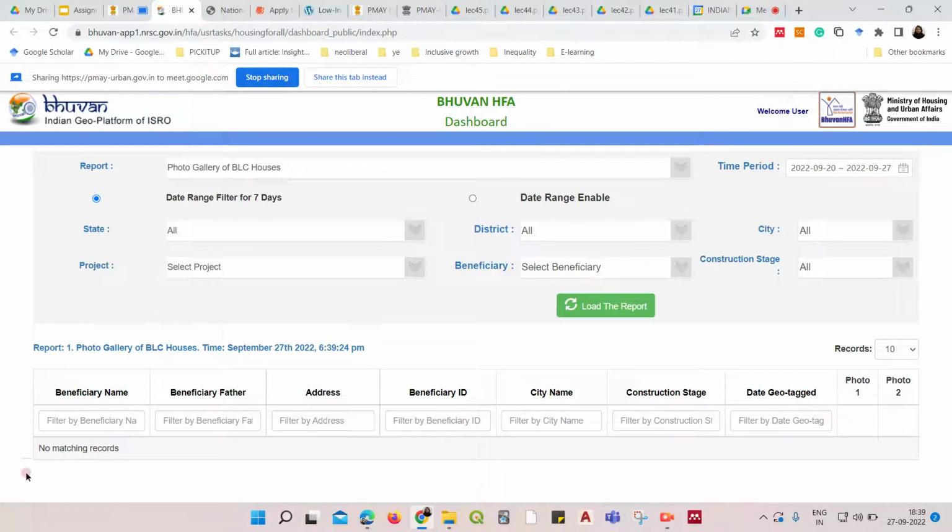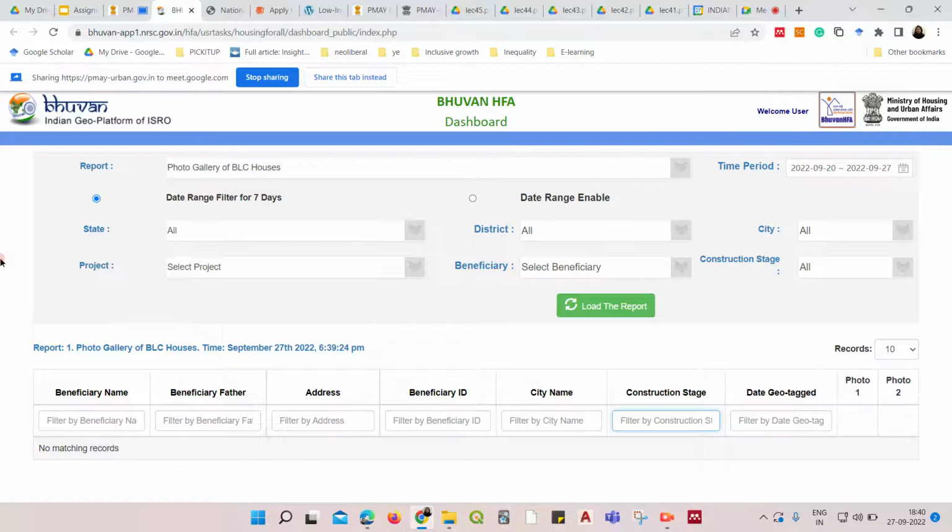This dashboard can give you details if you put in the name of the beneficiary who is getting funds from this project, and their details. You can see what date it was geotagged, what the construction stage of that project is, and you can even see photos of that project.